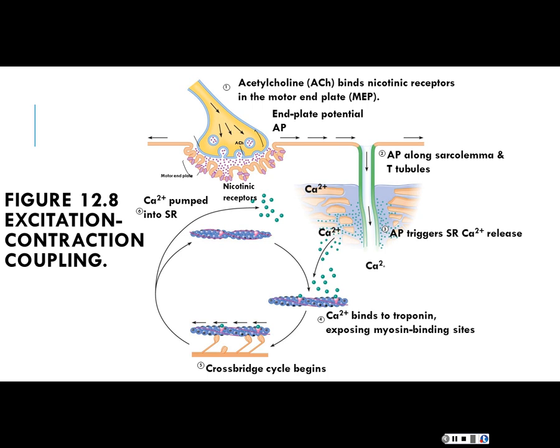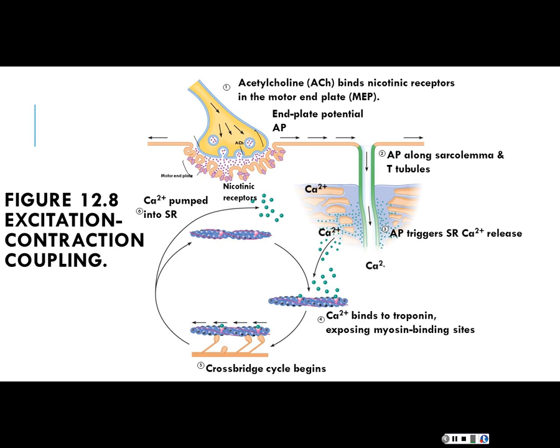It grades up the threshold to generate an action potential, which is conducted not only across the surface of the sarcolemma, but also along the T-tubules, which takes it from the surface to the interior. So we're conducting intracellular action potentials. That's good, because right next to our T-tubules are things called the SR, the sarcoplasmic reticulum.